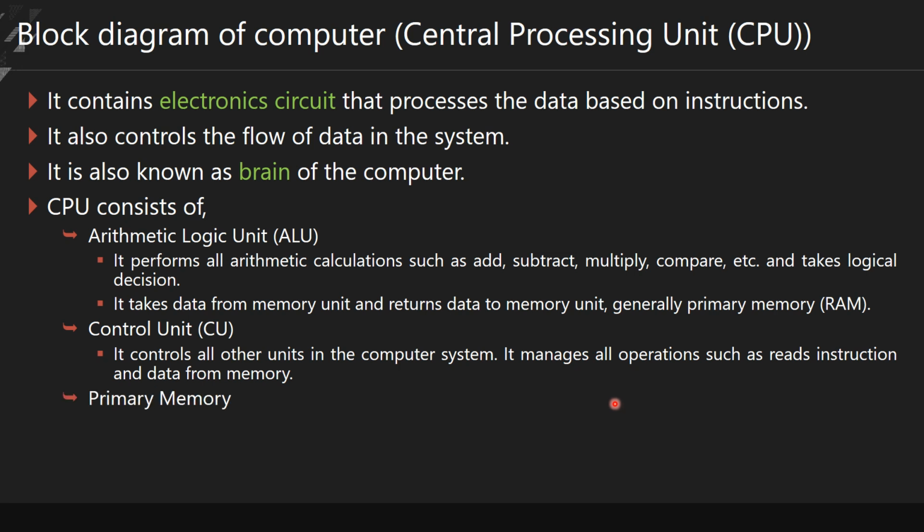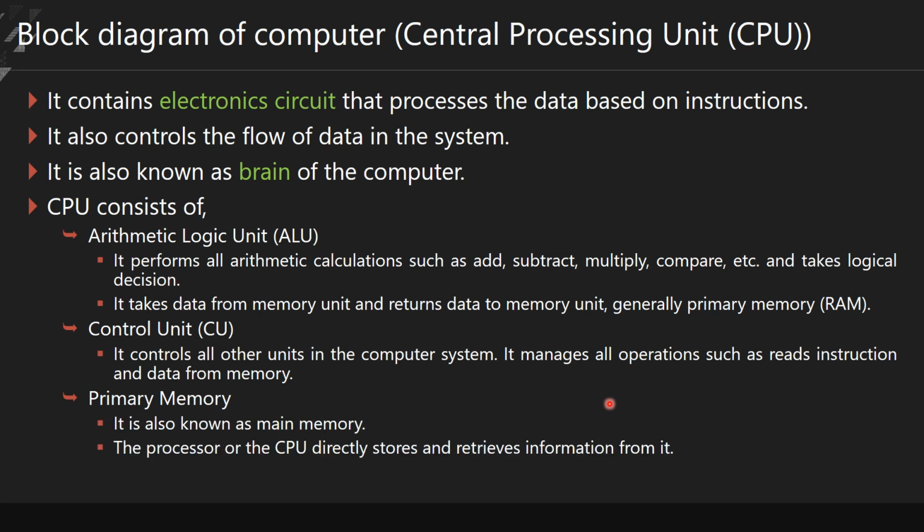So what is primary memory? It is also known as main memory. Usually the processor or CPU directly stores or retrieves information from it. Generally, while executing a program, the program and data are stored in the primary memory, not in the secondary memory.